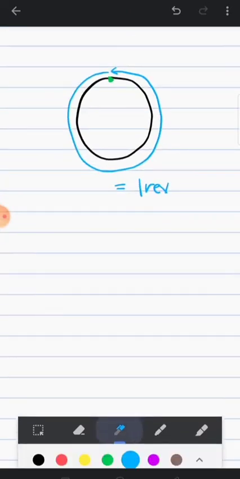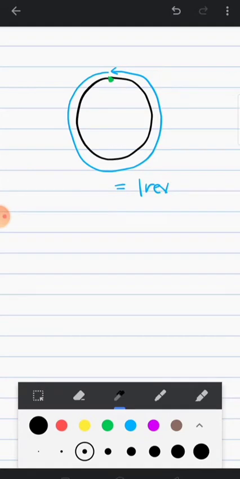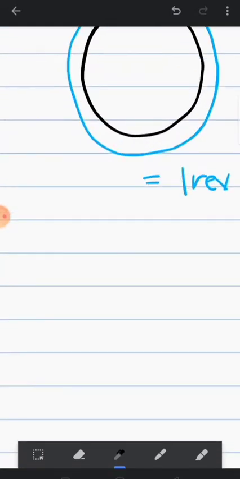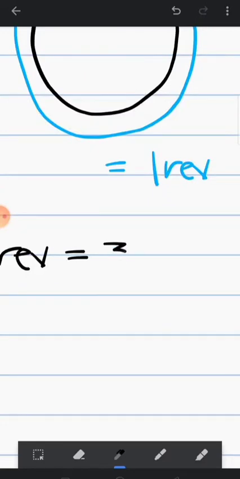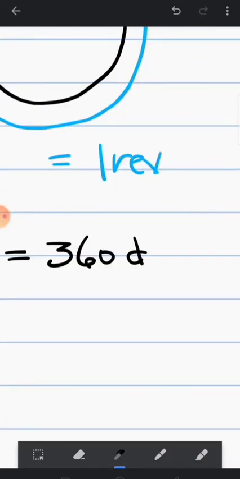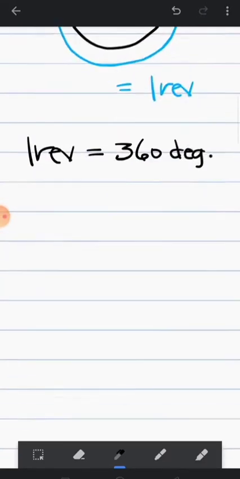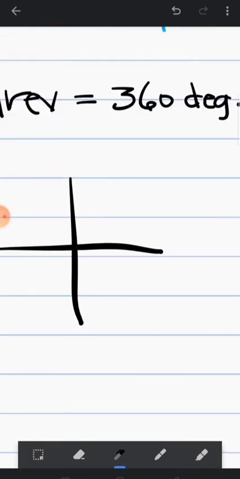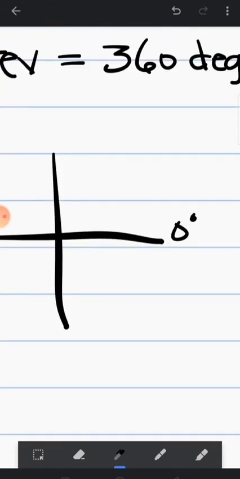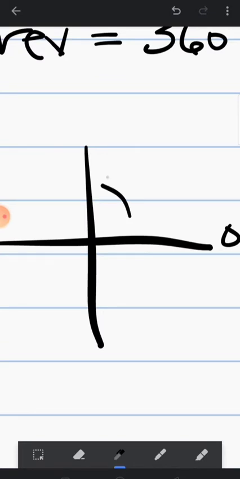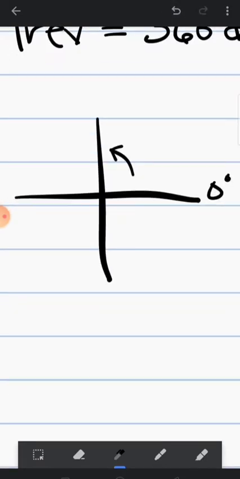So one revolution in terms of angle, specifically degrees, is equal to 360 degrees. To see that, this is 0 degrees here, you turn exactly a right angle or perpendicular.